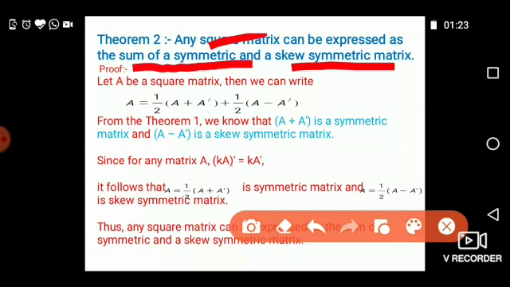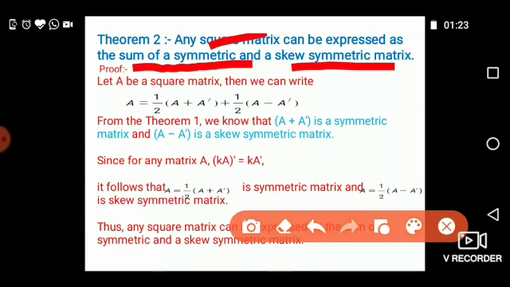Now in this case, this proof is not important from the exam point of view. Only for understanding I will sketch the proof, but the problems will be asked in the examination for 3 marks.